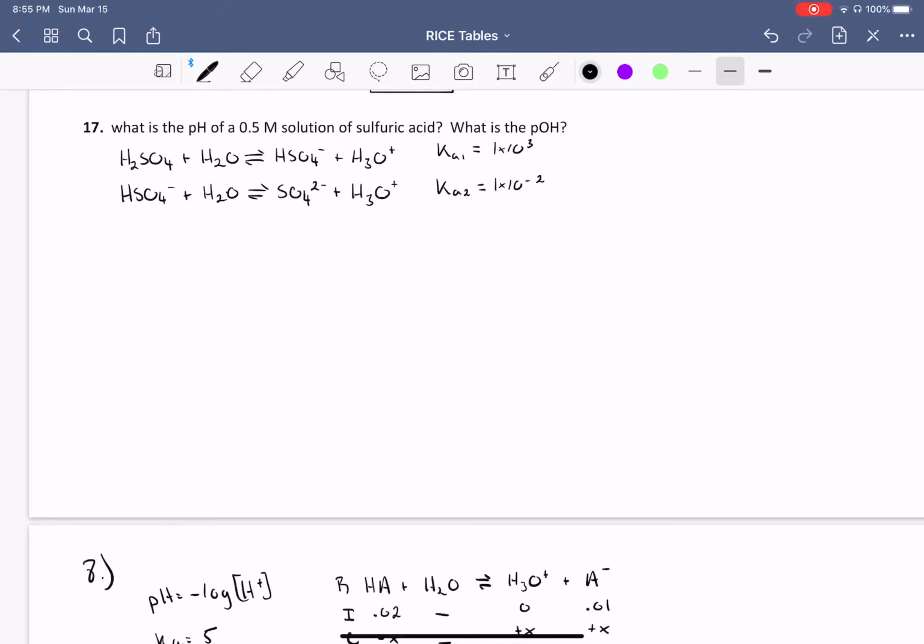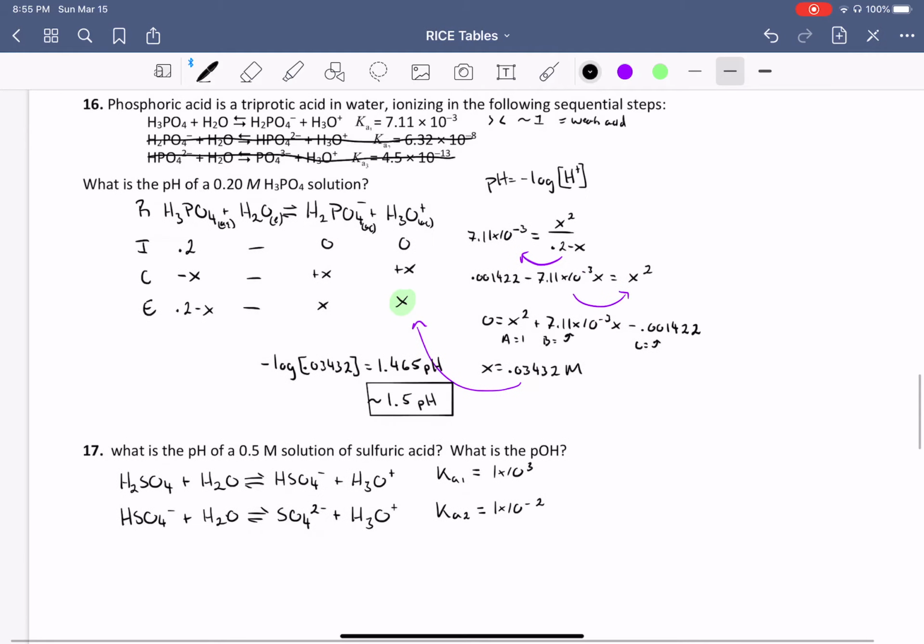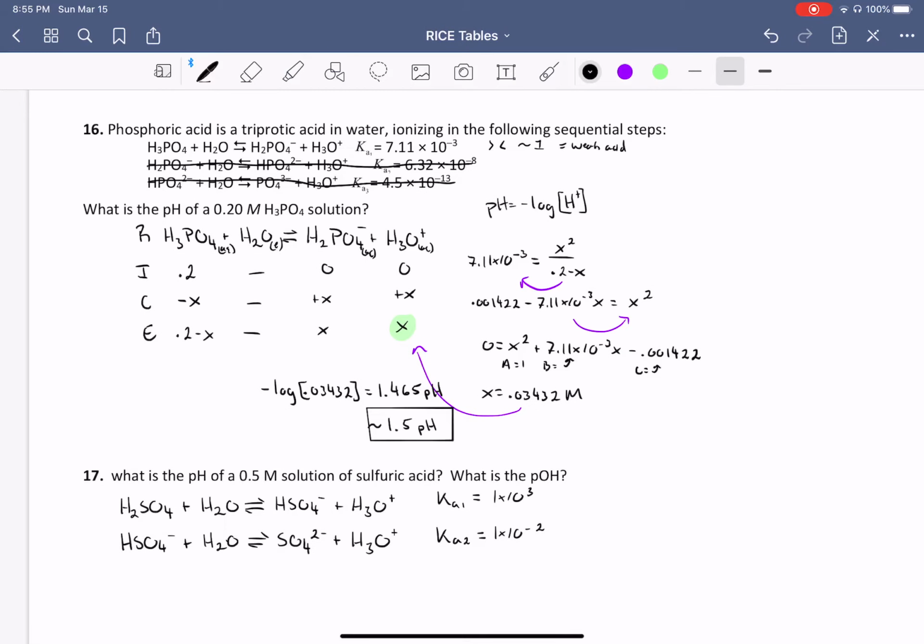Now the difference between a weak and a strong acid, especially a polyprotic acid, is you remember how with the weak polyprotic acid we only considered this first proton that dissociated because the Ka values for the sequential protons that dissociate are so small that we hardly get any protons that dissociate, so we don't even factor them in.